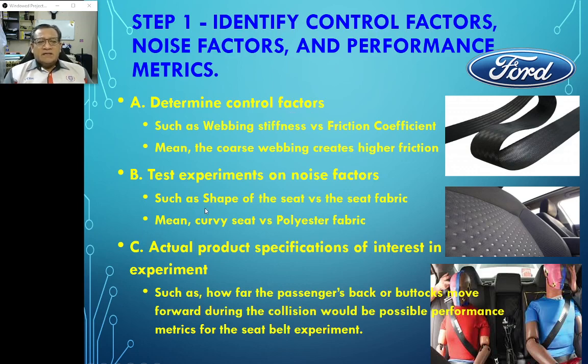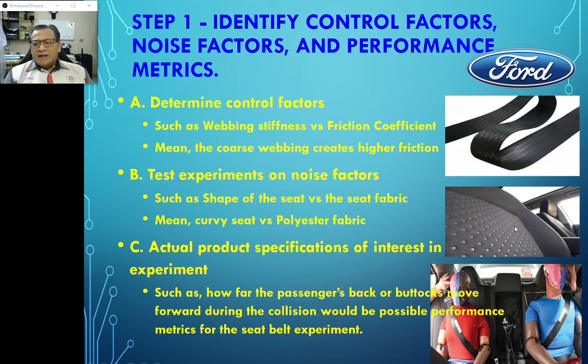Then we have to determine step B. We have to determine the test experiment of the noise factor. If this is the signal, what are the noise? The noise is being tested in the form of the shape of the seat, right? Whether it is inclined, whether it is thick, or whether it is thin, against the seat fabric. What type of fabric do they use? Is it polyester? Is it cotton?